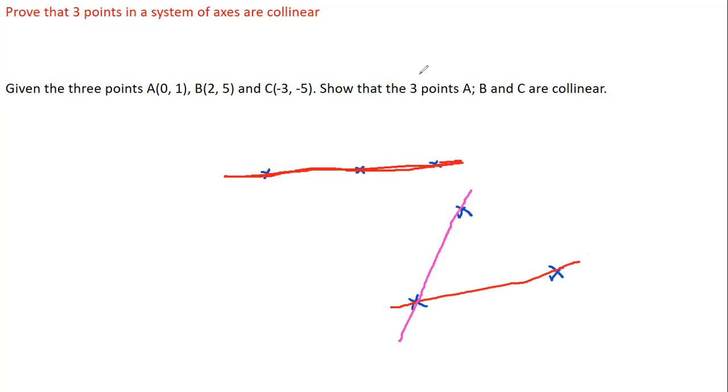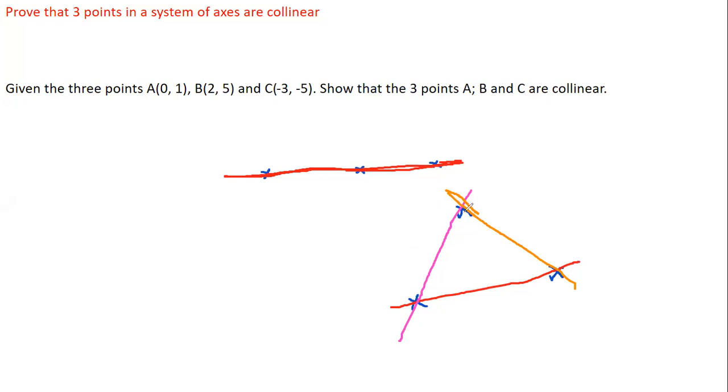Also, I can draw another straight line passing through this point and this point. But can we draw one straight line passing through the 3 here? No, we cannot. Okay, so I want you to look at this figure here.